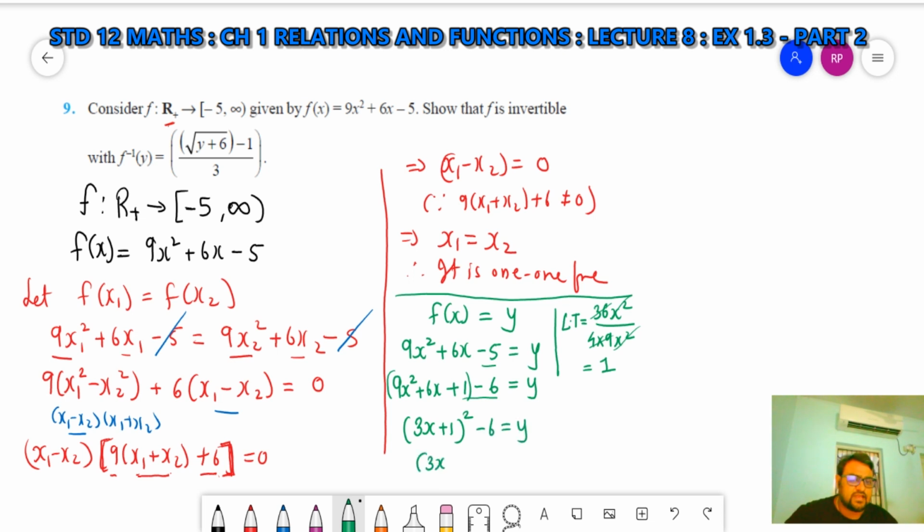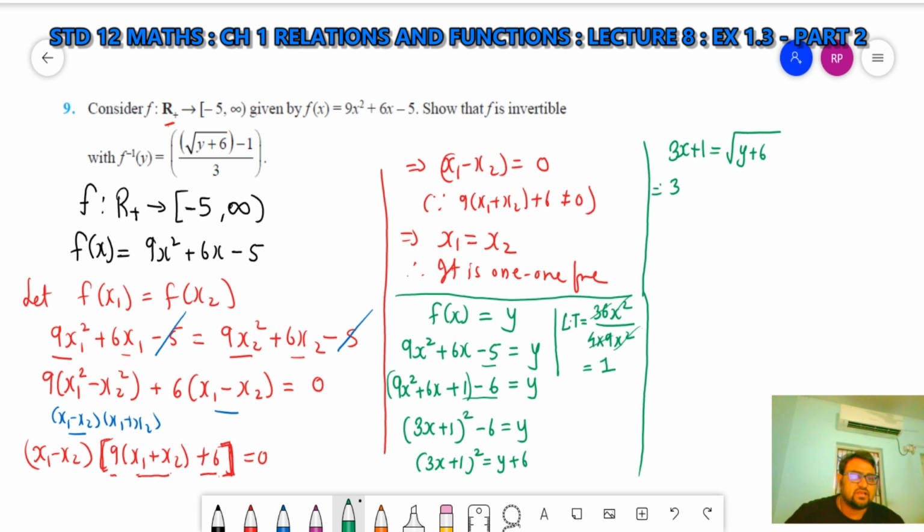So (3x + 1)² = y + 6. Clear? Taking square root, 3x + 1 = square root of (y + 6).